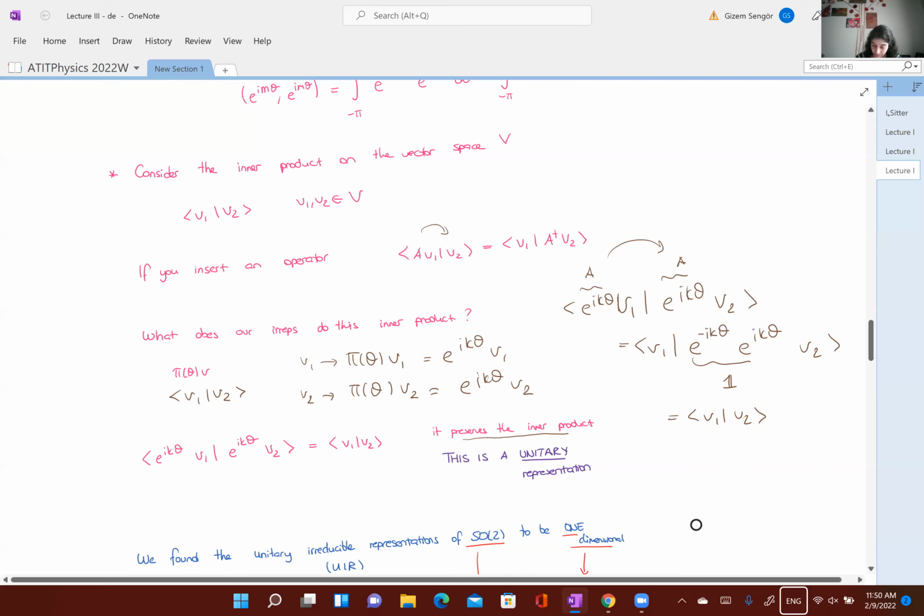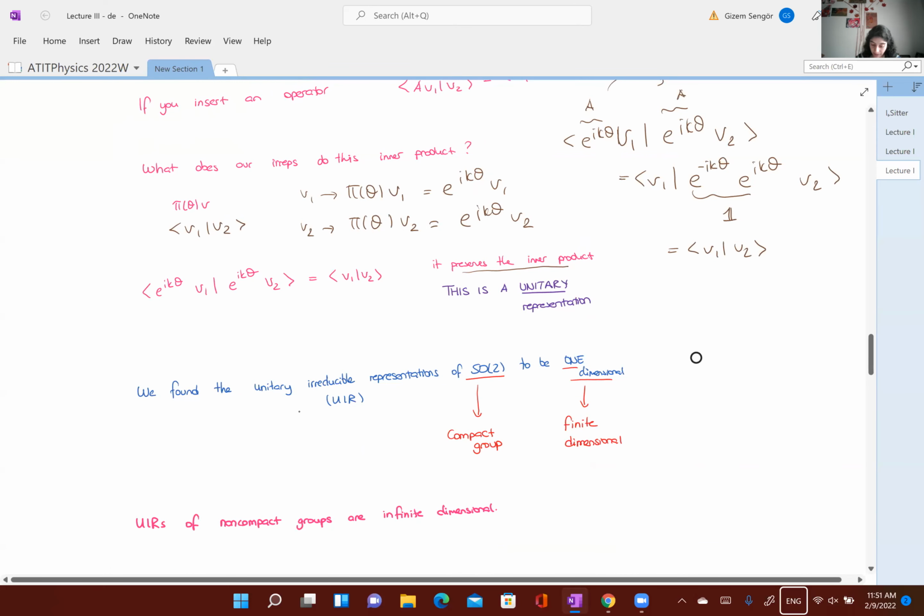Such representations are called unitary, the representations that preserve the inner product. Now notice two things. We found the irreducible representations of SO(2) to be one-dimensional. One thing to notice is that we found finite dimensional representations of a compact group. This is a general thing.